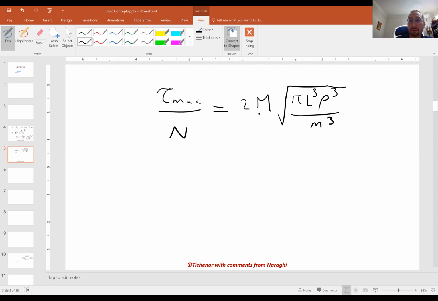And I can rewrite this equation to get m. M is the one I'm trying to minimize.